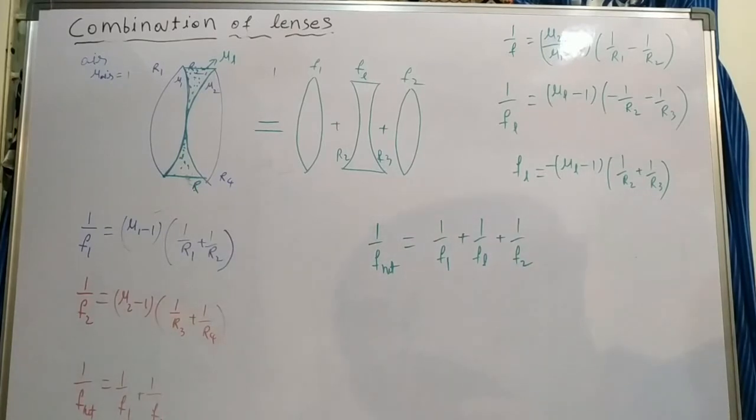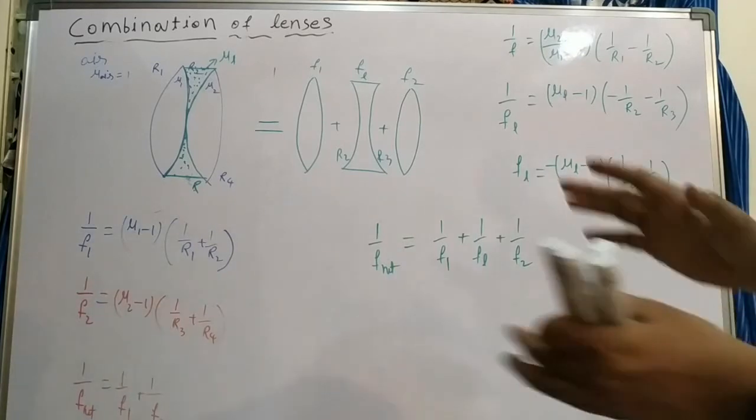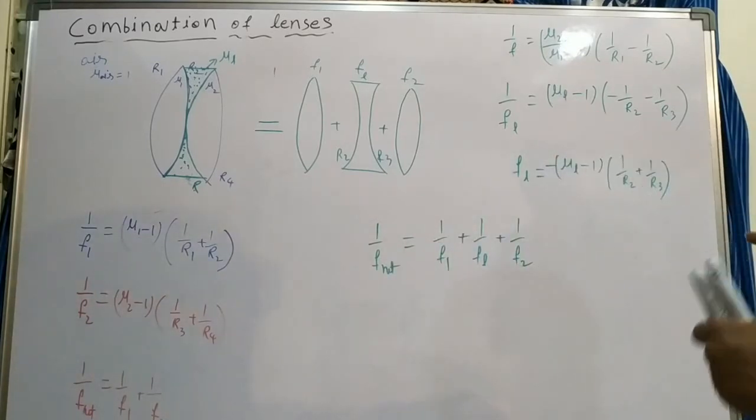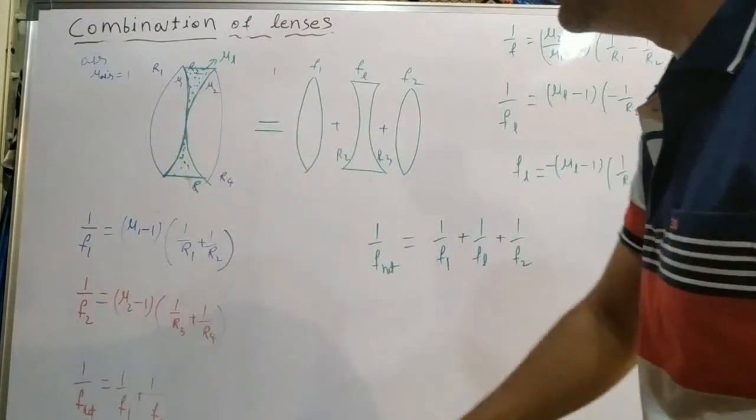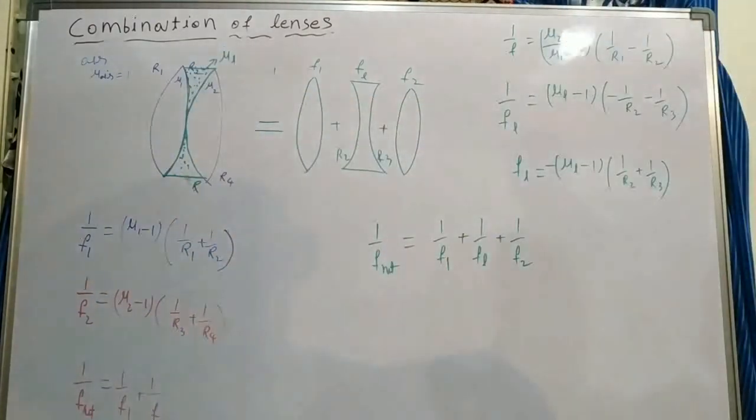Suppose they gave a simplified question where the radii of curvature R1, R2, R3, R4 are all the same, meaning two double convex lenses are in contact, in the same medium, mu1 and mu2 both taken as mu, and only the liquid is different.